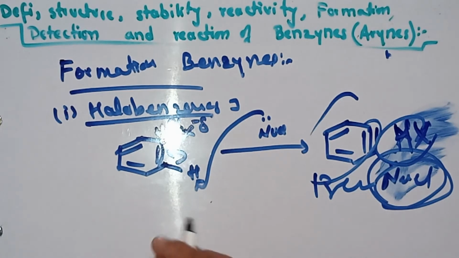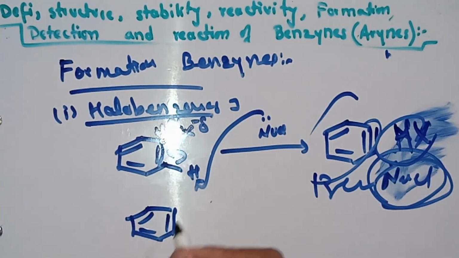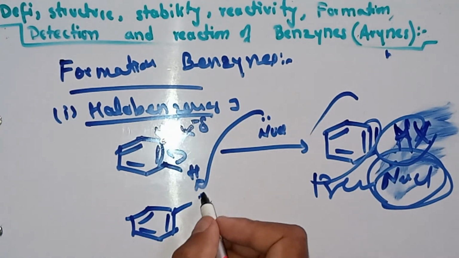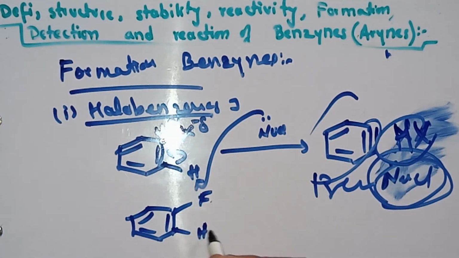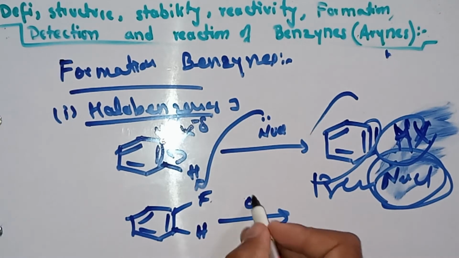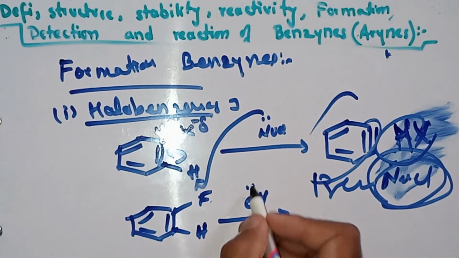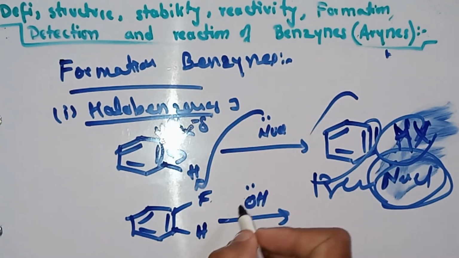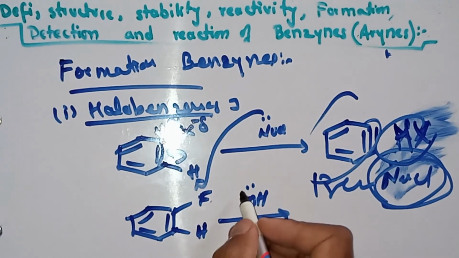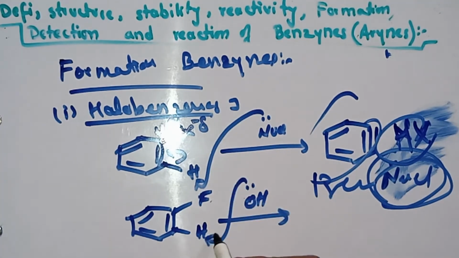Let's take a correct example. Let's suppose this is fluorine, and this is hydrogen. If there is OH in a strong basic solution, it acts as a base and removes the hydrogen.